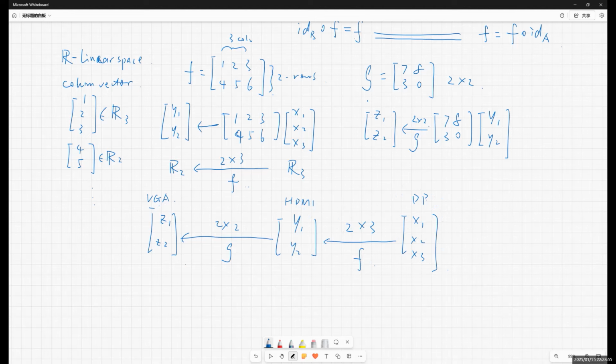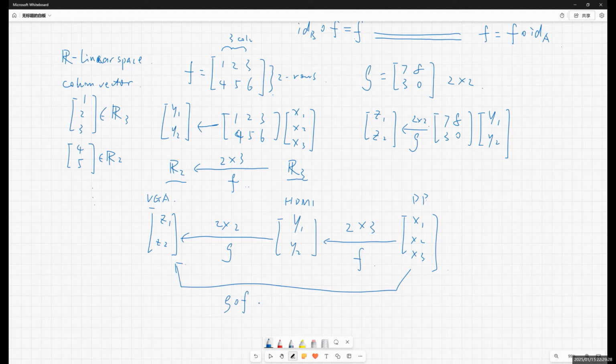So we can imagine that a matrix is a special kind of cable that has some dimensional input and some dimensional output. The effect of the cable is to make linear combinations, linear map. So composing them together, we have GF.